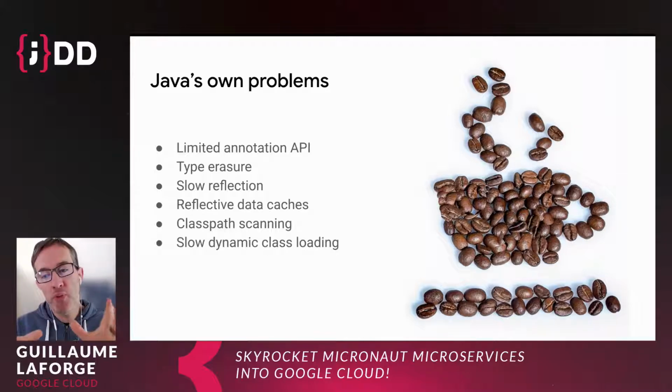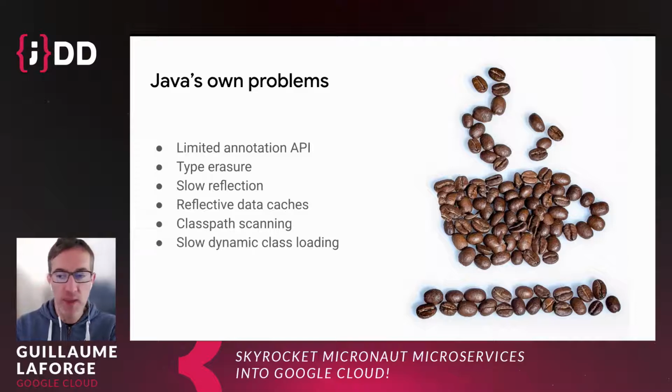And also with reflection, you cannot just pick, let's say, just one method or just one class, etc., but it really builds a big cache of everything that could be reached through reflection. So it takes quite a bit of memory space.